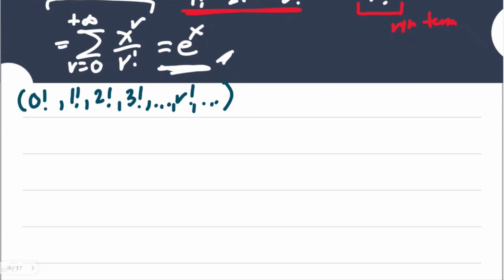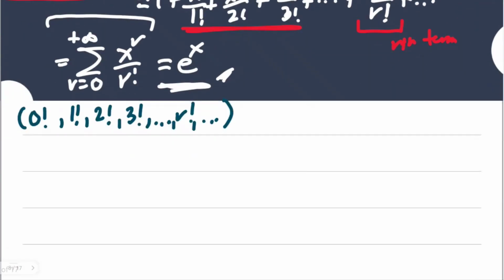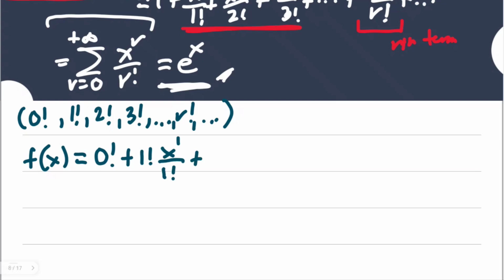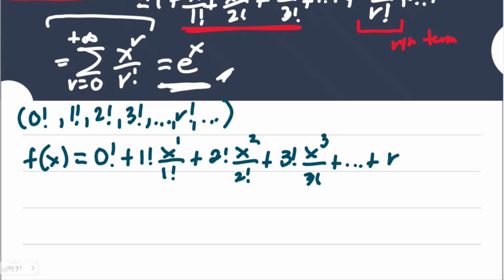Using this formula, function f of x is equal to our a sub 0, which is 0 factorial, plus a sub 1, which is 1 factorial, x to the power of 1 over 1 factorial, plus our a sub 2, which is 2 factorial, x squared over 2 factorial, plus 3 factorial x to the power of 3 over 3 factorial, plus so on and so forth, as we reach the rth term in our sequence, r factorial times x to the power of r over r factorial, plus so on and so forth.